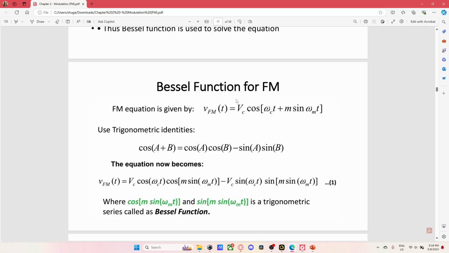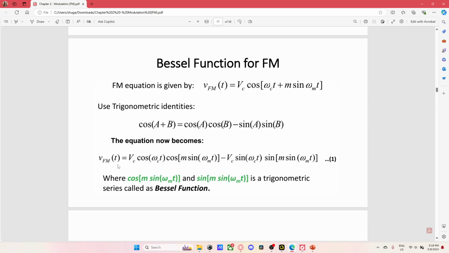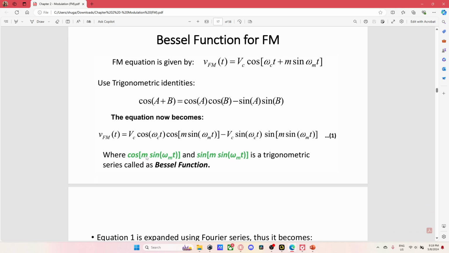Okay, by using trigonometric identities, the equation will become Vc cos omega c t cos(index sine omega m t) minus Vc sine omega c t sine(index sine omega m t), where the cos(index sine omega m t) is in the first one and the sine(index sine omega m t) is for the negative side.